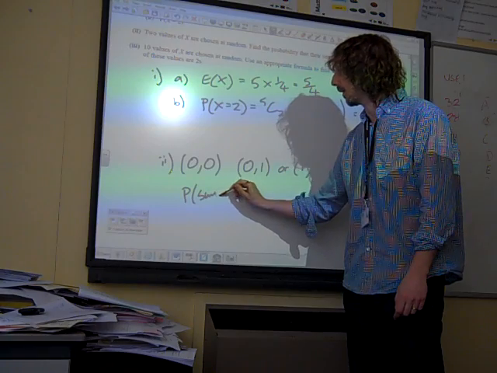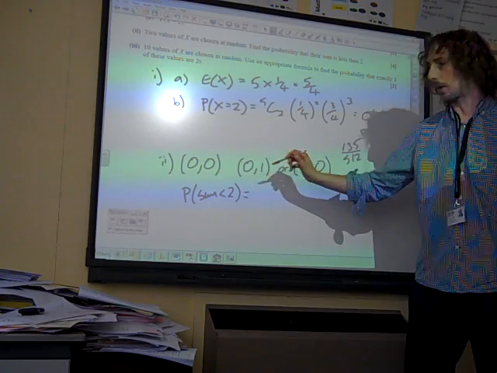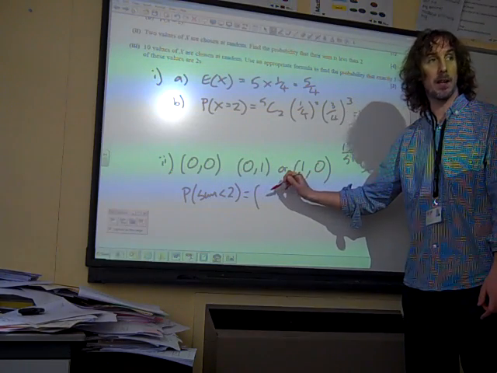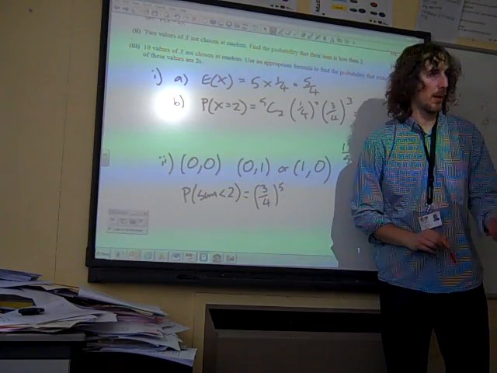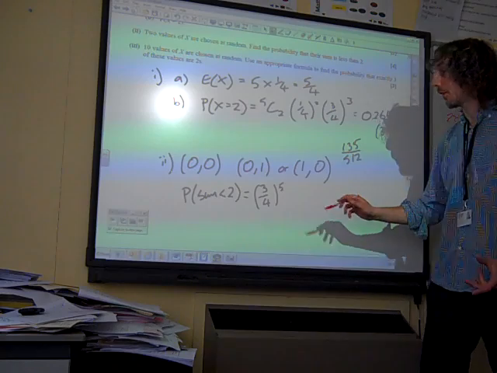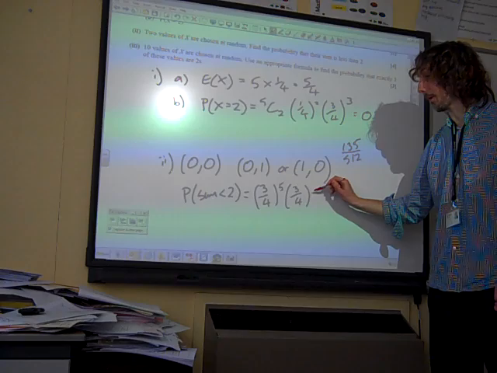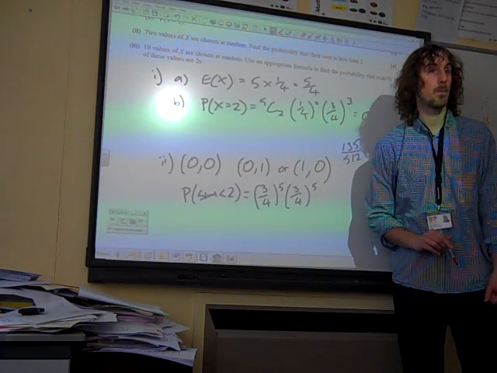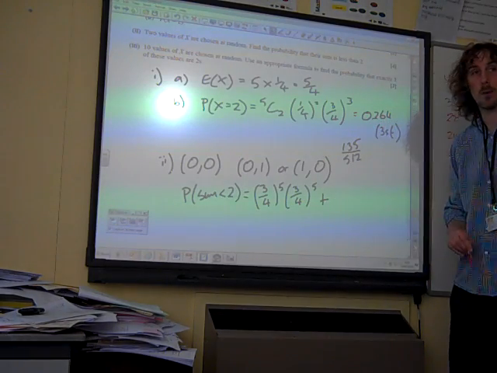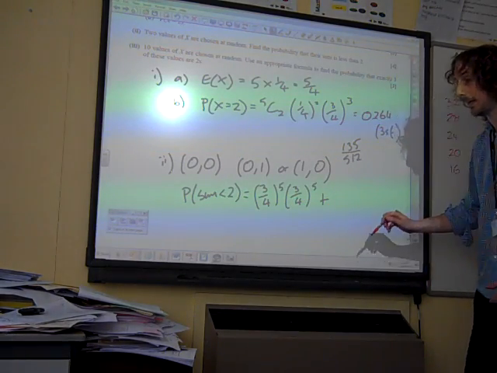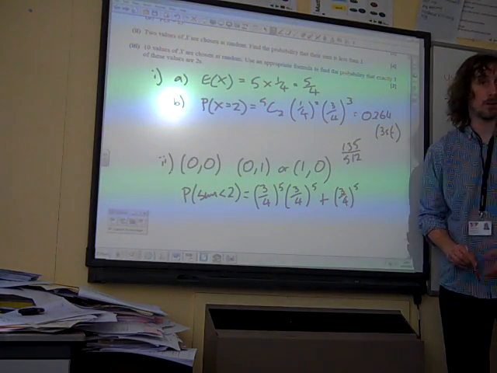So the probability of the sum being less than 2 is, well, 0 and 0. The probability of x being 0 is 3 quarters to the 5, because that means we have 5 failures, no successes. And that has to happen twice in 2 independent things. So we're going to times that by 3 quarters to the 5. That's that one sorted. Then we're going to add 0 and 1. Well, 0 and 1 would be 3 quarters to the 5 again, because we've got 5 failures.